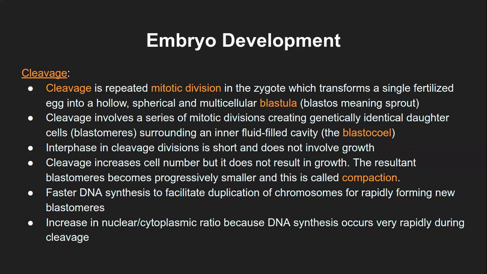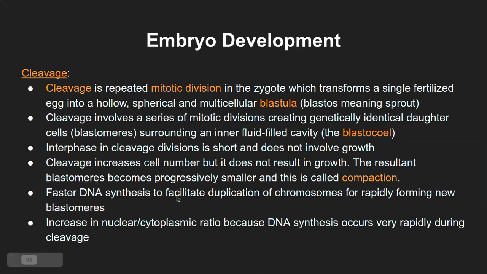It's literally like squeezing all the cells into a small shape after the cleavage division. That is what is called compaction. And these blastomeres become progressively smaller as the zygote is dividing through mitotic division during the cleavage.